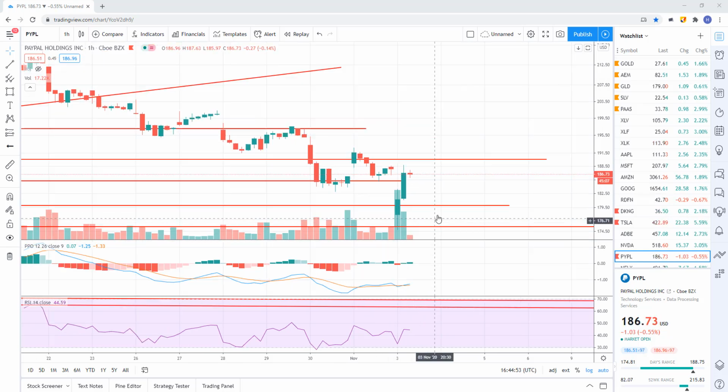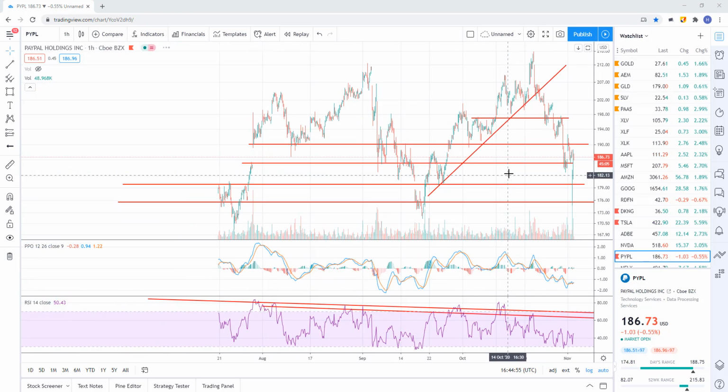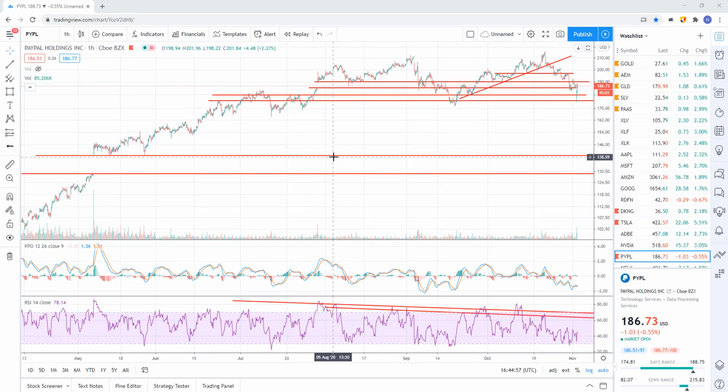Now I'm looking for this to continue to roll over. PayPal, in my mind, tells me it's rolling down to fill this gap. Now, this gap is really well watched. So if we get near the gap, I don't know if we'll actually fill the gap. There's so many people that can see this gap. It's completely obvious. So watch for a reversal around the gap.